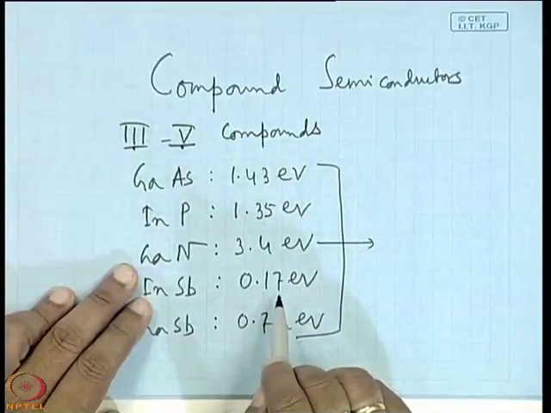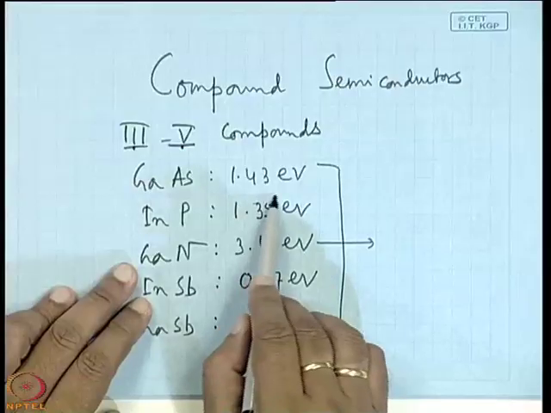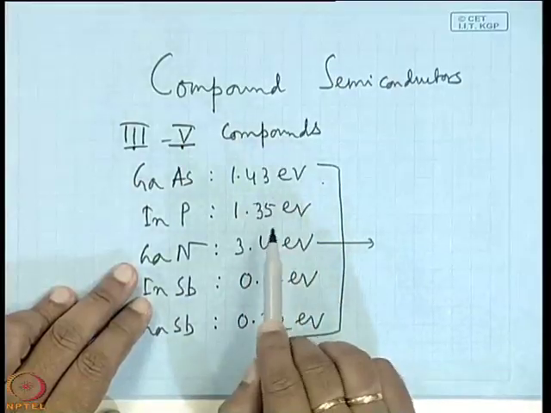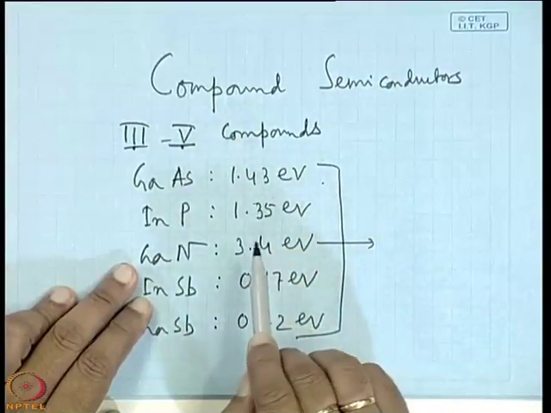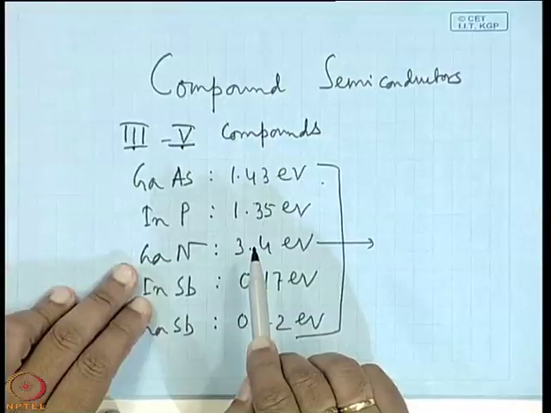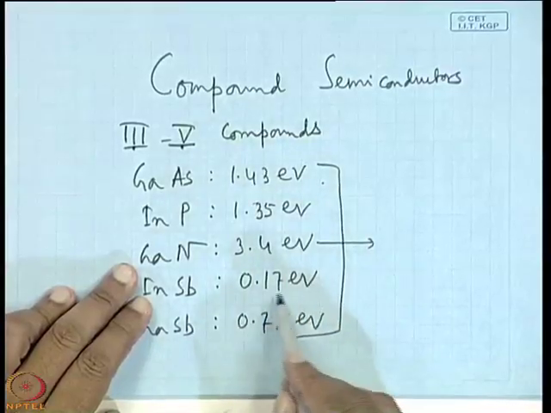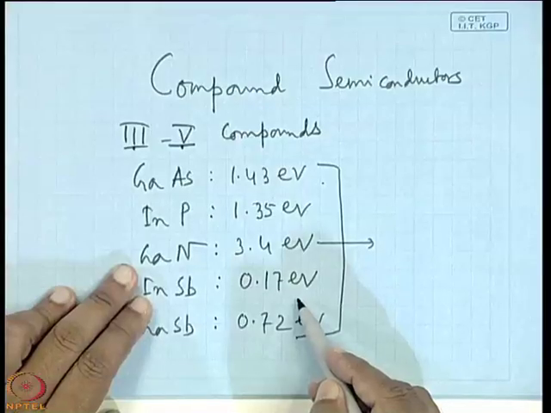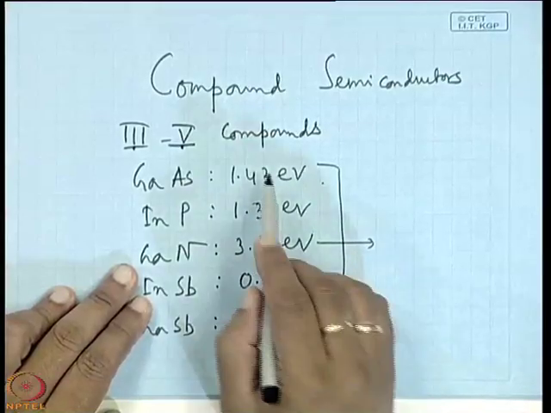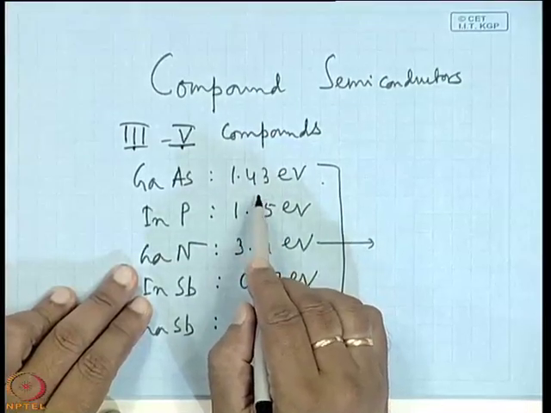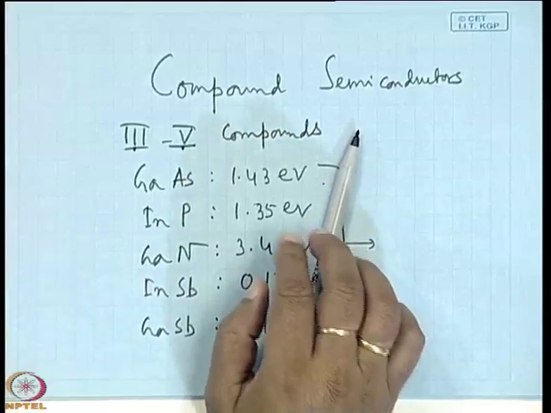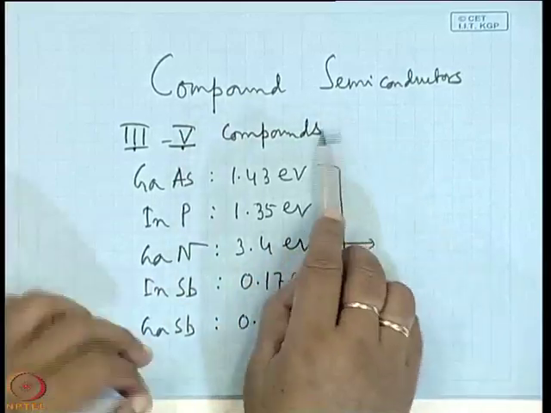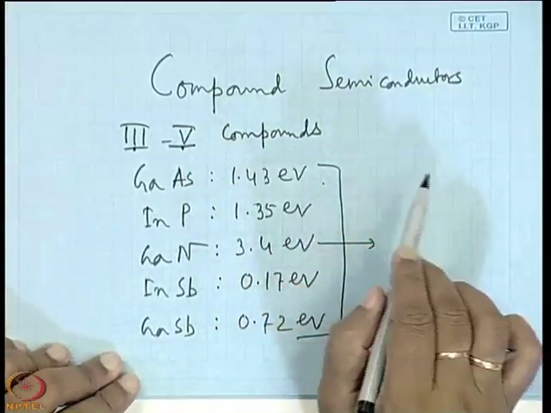In blue also, that means in the visible region. Similarly, gallium arsenide is 1.43. Which region is it in? It is also IR. 0.17 is far infrared, and 1.43 is infrared.